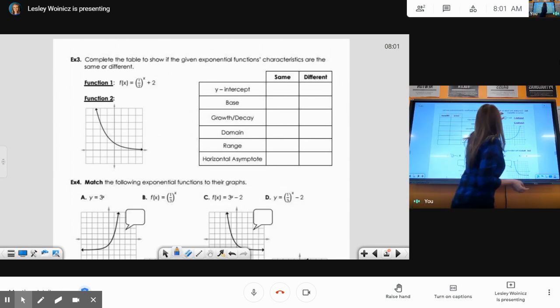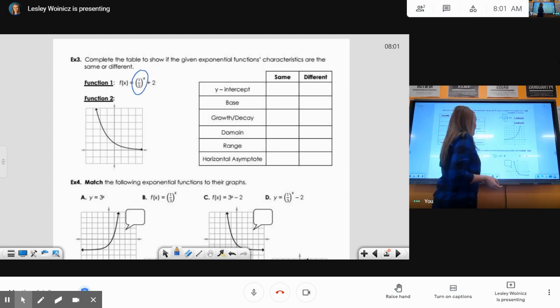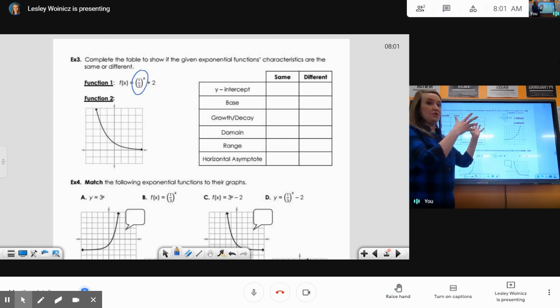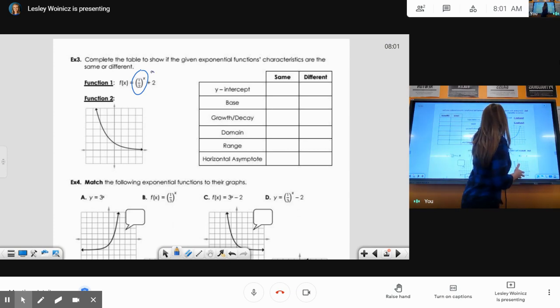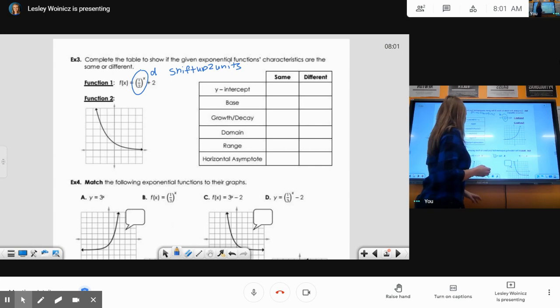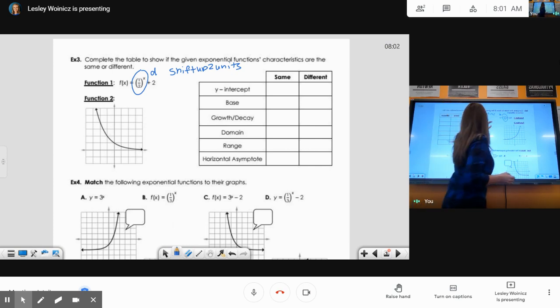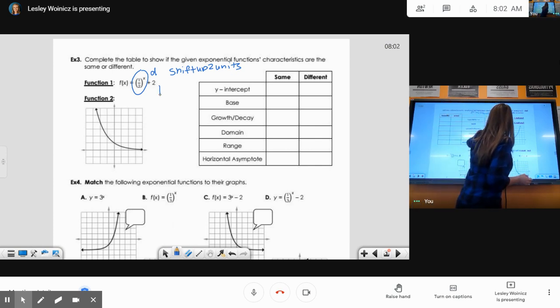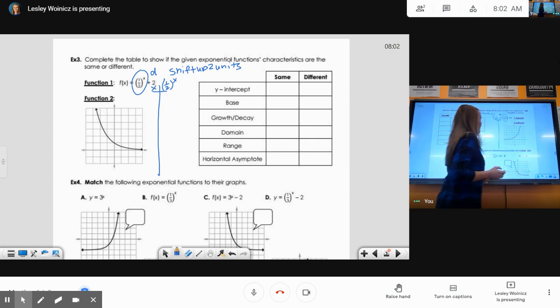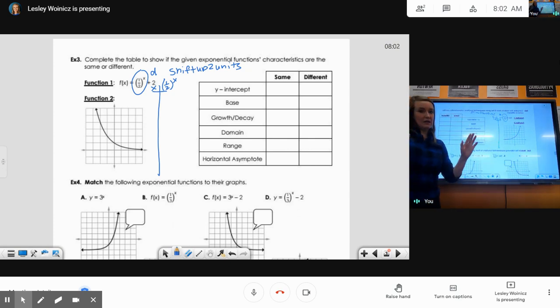I'm going to make a table of this parent, and then I'm going to shift it up 2 units because it's got a D of 2. So this is a shift up 2 units. Okay, so let's make a table. Here's my x's, and here is 1/2 to the x. I'm not going to call this my y because it's not my end result.